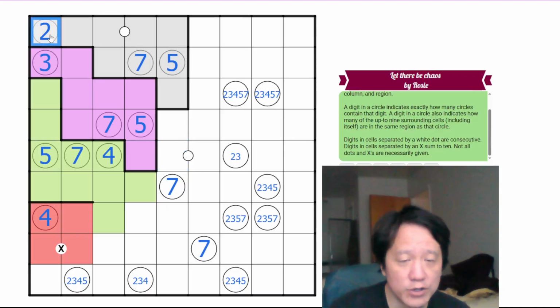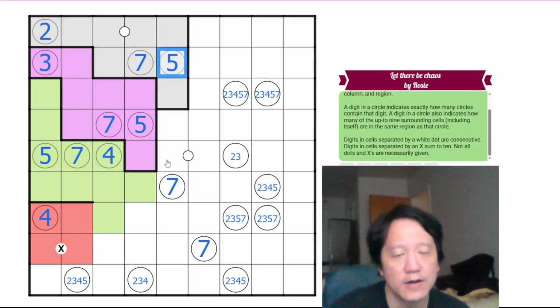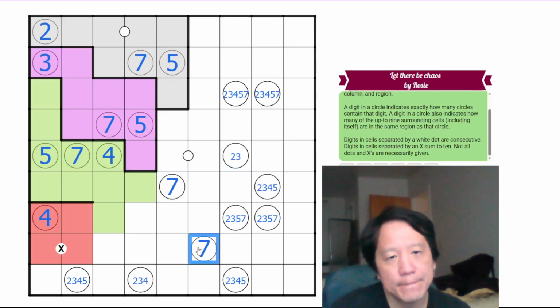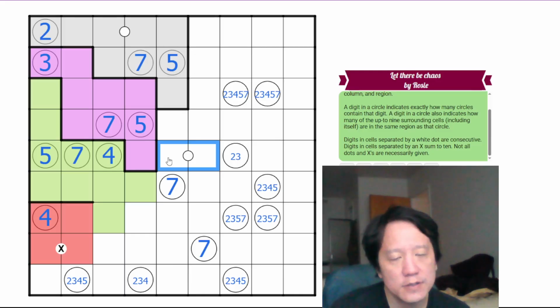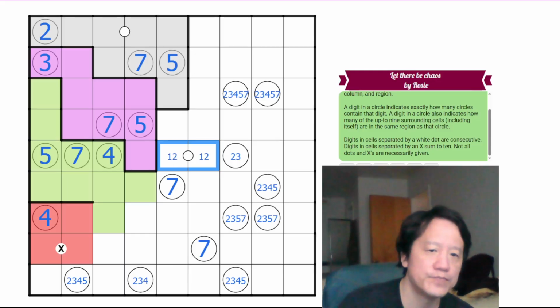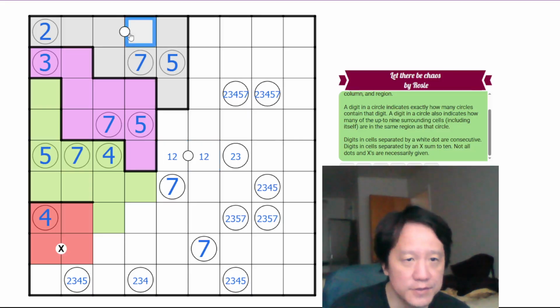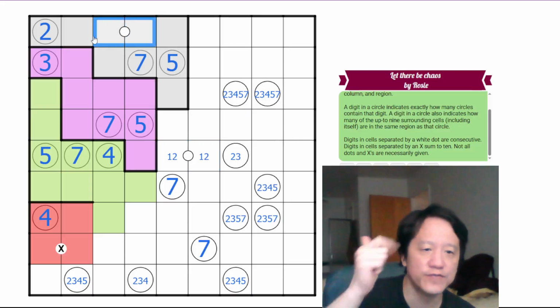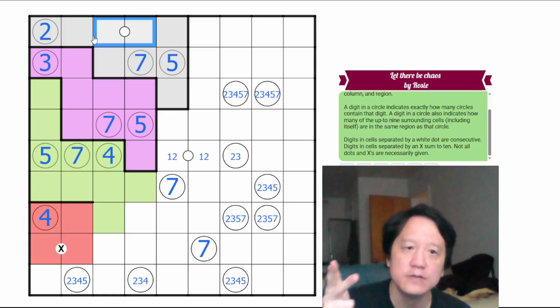Okay, so we have 1, 2 in a circle, 1, 3 in a circle, 2 4s, and 3 5s. Okay, these digits are consecutive. It cannot be 2, 3, but it could be 1, 2. These digits are consecutive without 2, 5, or 7.